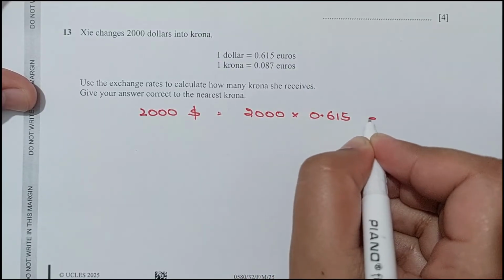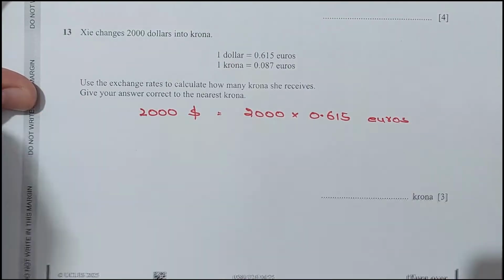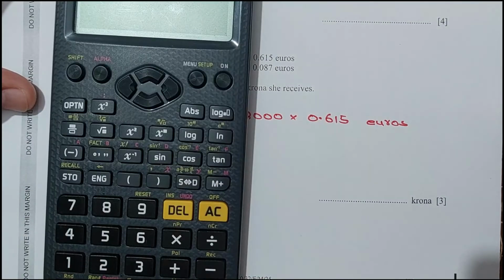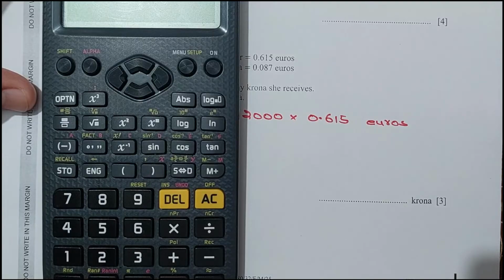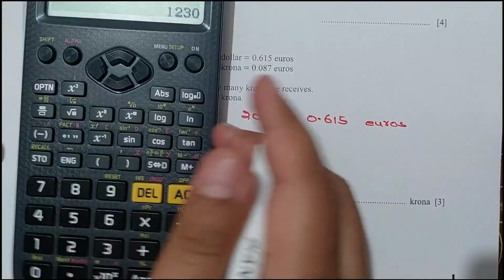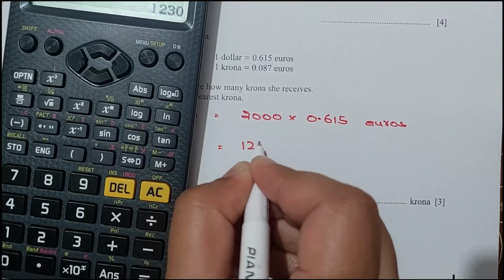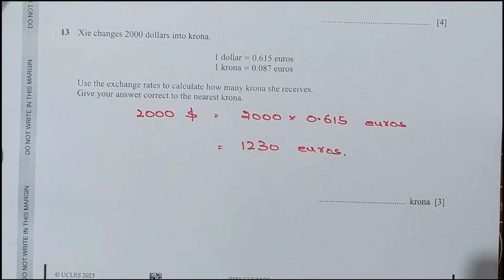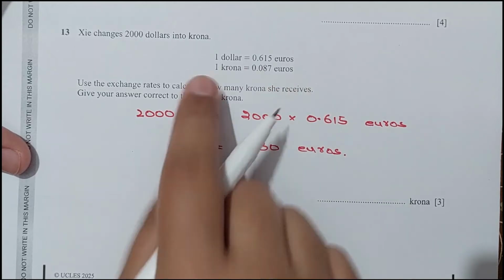by 0.615 euros. You have to convert the amount into euros first, dollars into euros. 2000 multiplied by 0.615, the euros are 1230 euros. All right, now converting euros to kronas.